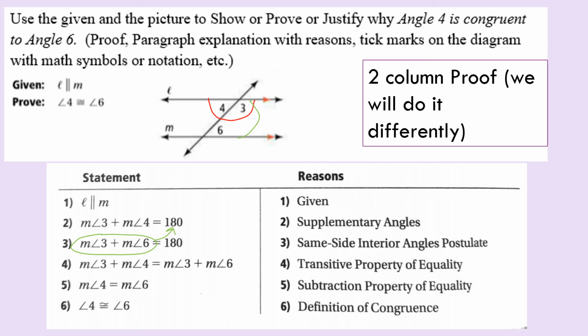Then we would subtract the measure of angle 3 from both sides, and they would end up canceling out on both sides to get the measure of angle 4 equals the measure of angle 6. Then, because the measures are the same, by definition of congruence, that means that the angles are congruent to each other. So that would be how you could do a 2-column proof for this type of problem.